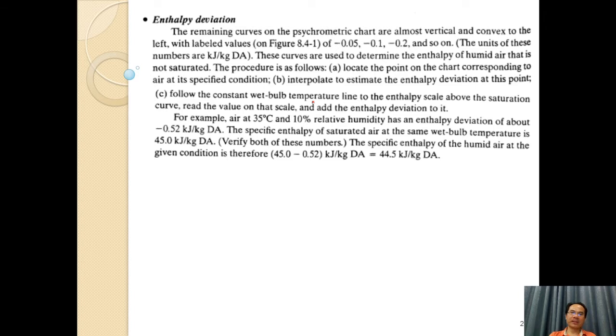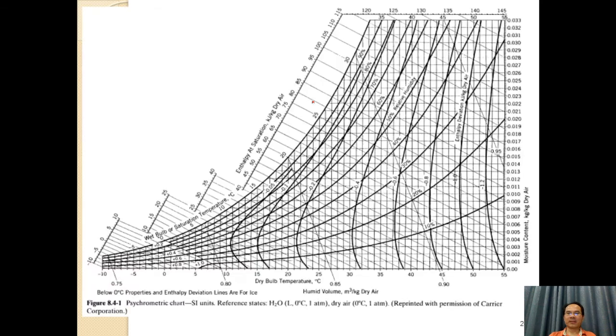Next one, the entropy deviation. For this curve, we have entropy deviation values of, for example, minus 1.2, minus 1, minus 0.8, minus 0.6, minus 0.4, minus 0.2, minus 0.1, minus 0.05. This is the curve for entropy deviation.